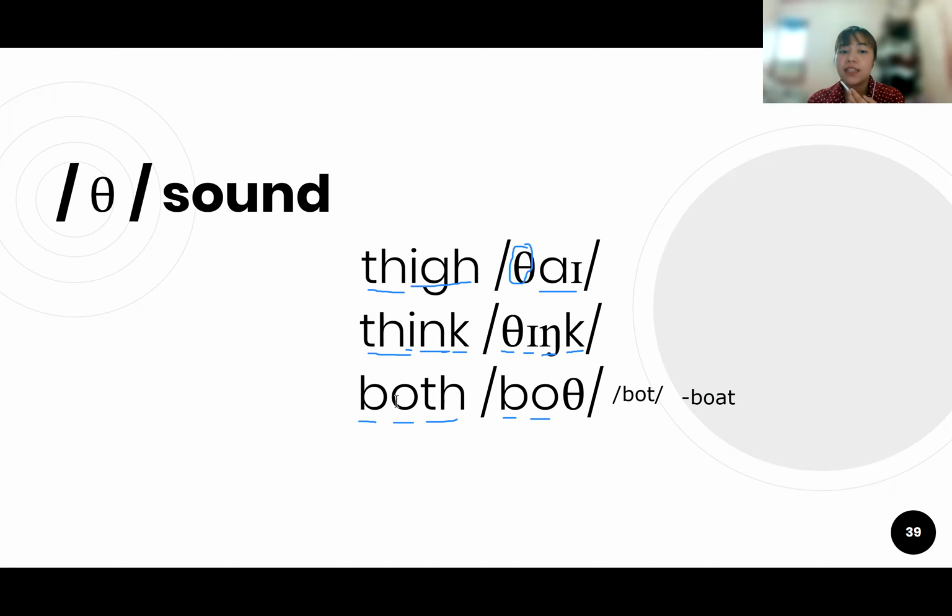Both has an H sound along with your T. So soft TH, theta. But if you mean to say boat, the vehicle for traveling from one place to another, especially in water, boat, this is the transcription for that. So boat is different from both. The t sound is different from the th sound, the soft TH. Th.